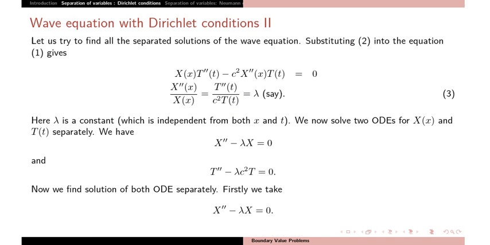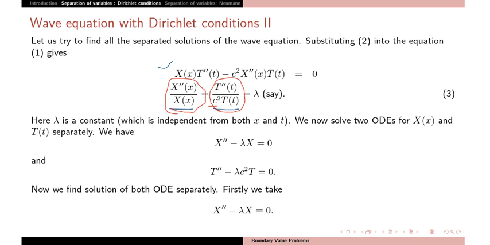So fit in the ODE, then separate the x term on one side and the t term on the other side. So you got this relation, and we observe that the left hand side is only a function of x and the right hand side is only a function of t, and you can keep c square on either side, left hand side or right hand side, it's your choice.